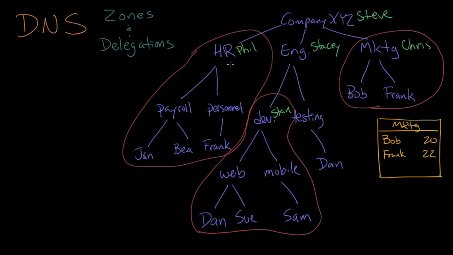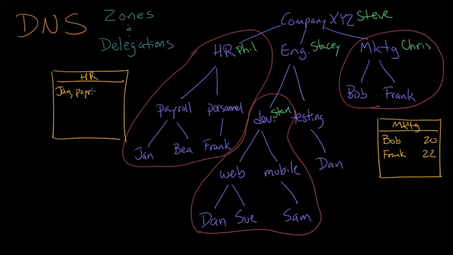And then Phil's going to do the same thing. So this is the HR phone directory. But we got a little more complicated thing going on here because Jan works in payroll. We're going to have to list the department that Jan works for as well. So Jan, who's in payroll, let's say she's at extension 32.